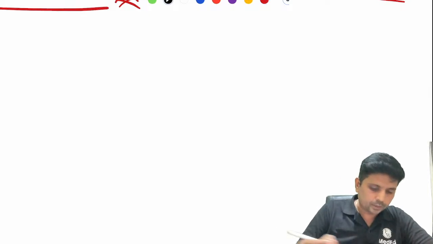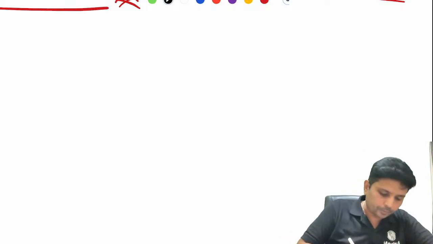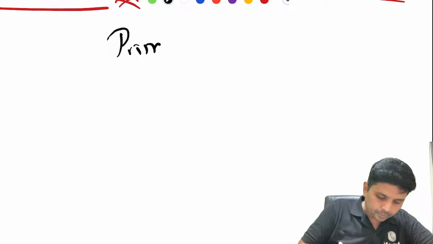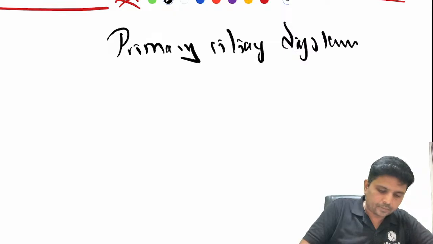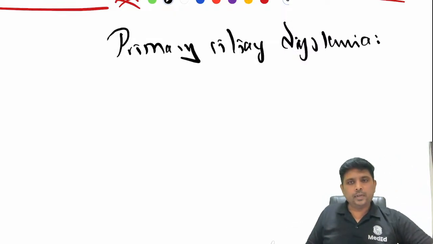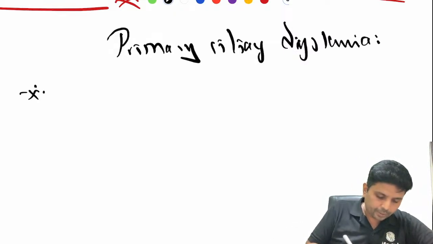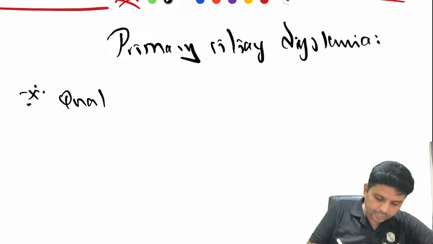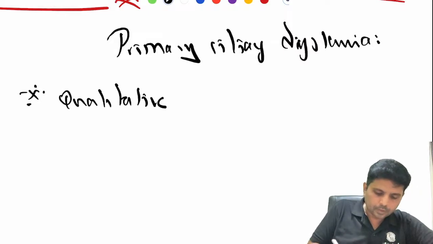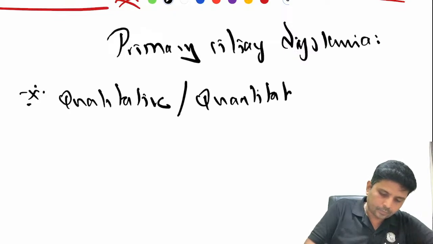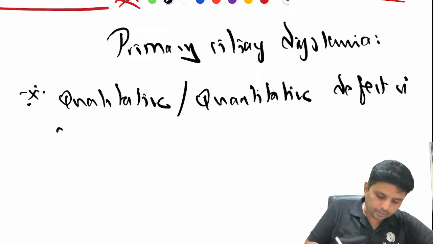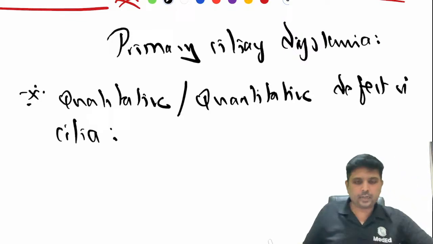And then another cause for recurrent bronchitis is primary ciliary dyskinesia. So what is the problem here? There is a qualitative or quantitative defect in cilia.